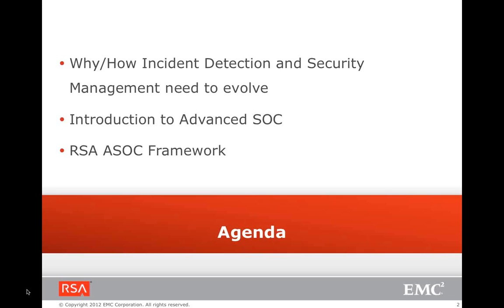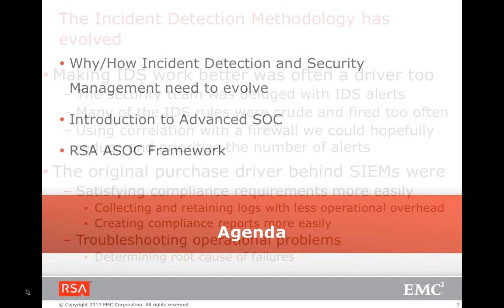So we start off with what incident detection really was for all these years. When intrusion detection systems were first introduced quite some time back, they were the primary placeholder for our intrusion detection capabilities within the organization. The intrusion detection systems were looking into certain patterns.